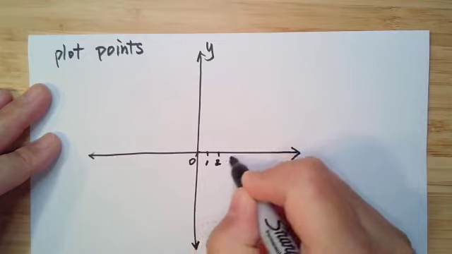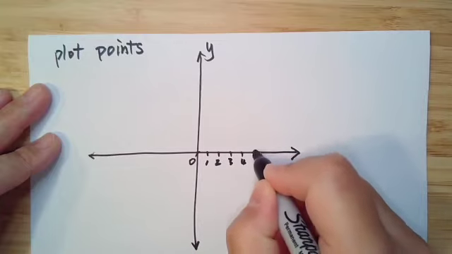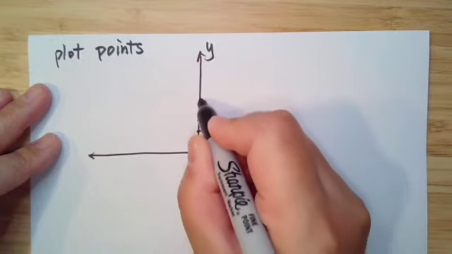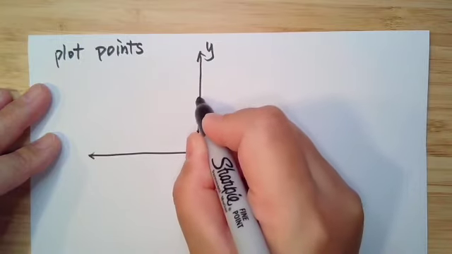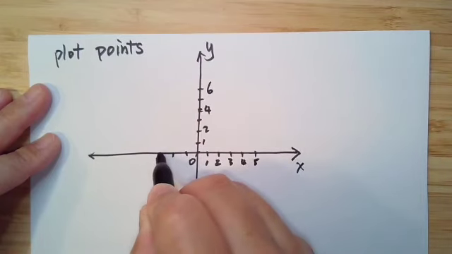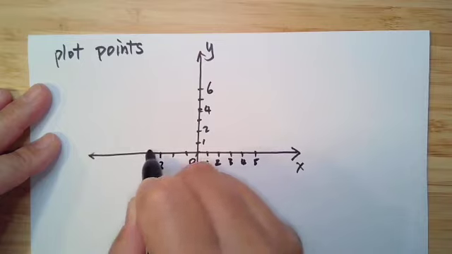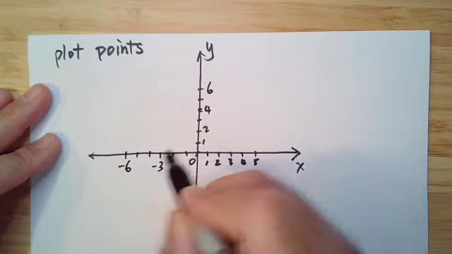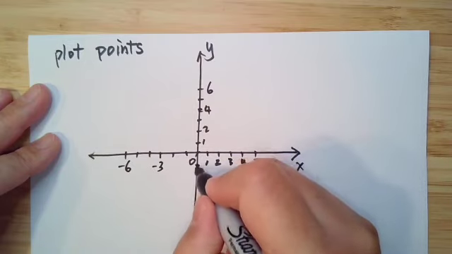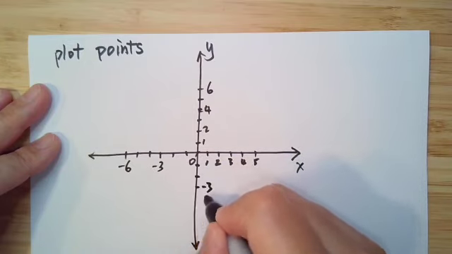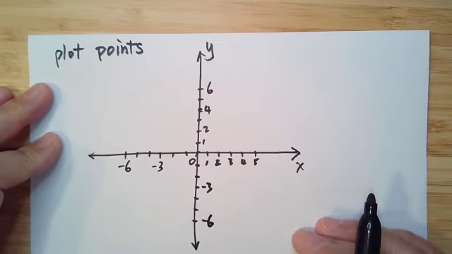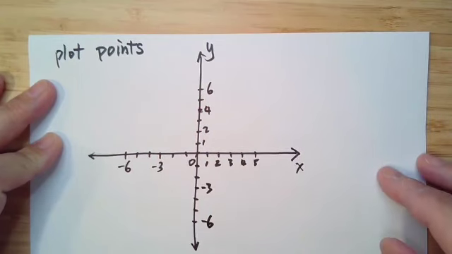Here's 1, 2, 3, 4, 5, 6, and to the left of the x-axis we have -1, -2, -3, and -6. From 0 and below on the y-axis, we also have 1, 2, 3, that's -3, and this is -6. I just didn't have enough space to write every single number, but you got the idea.